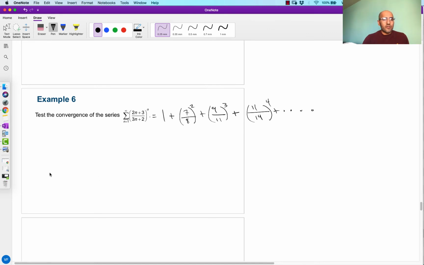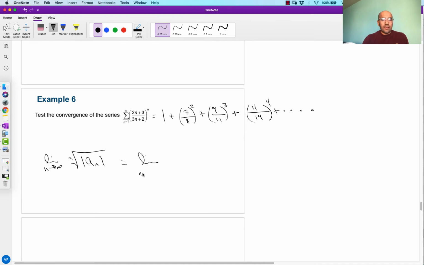Okay, so what we want to do is consider the limit as n goes to infinity of the nth root of the absolute value of a sub n. The absolute values are not necessary, as you can see all the terms are always positive, so that's redundant.